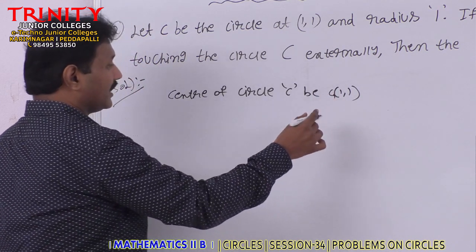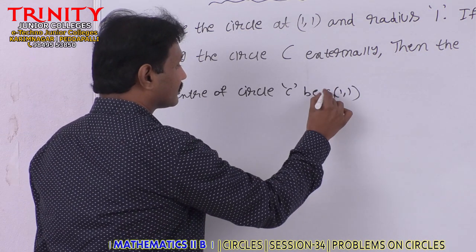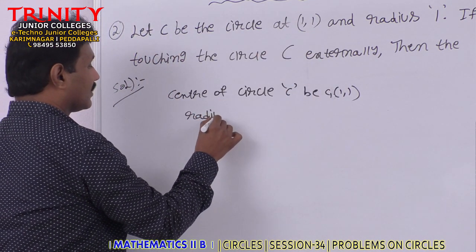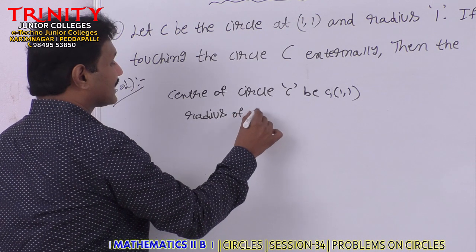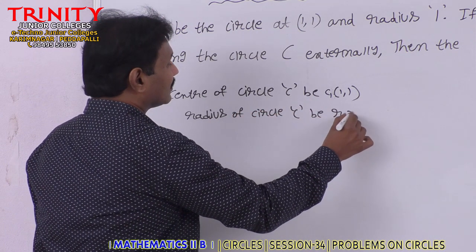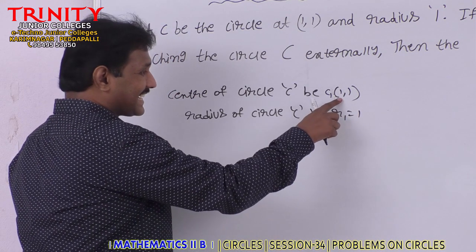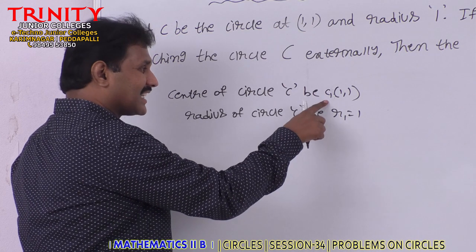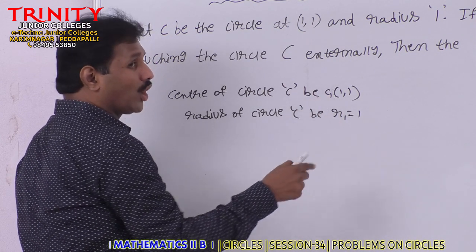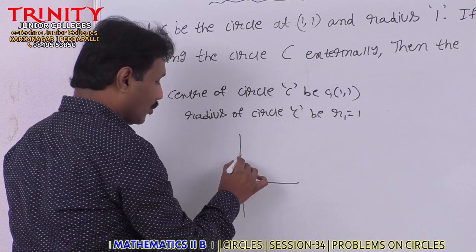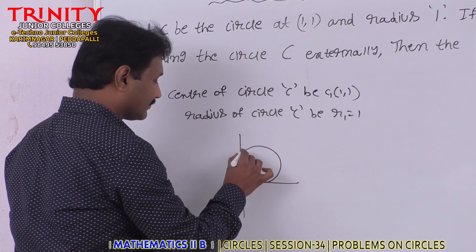The first circle's center is named C1 and the radius of circle C be R1, which equals 1. In this case, the center is 1 comma 1 and the radius is R1. That indicates the circle C touches both the coordinate axes.